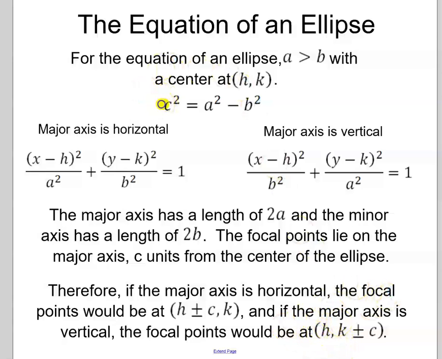But the important thing is in order to find your foci, you need to find your C. And to find C, C squared is equal to A squared minus B squared. It's not the Pythagorean theorem, so don't get it confused with that. It does have a lot of similarities to it, but it is a different thing.